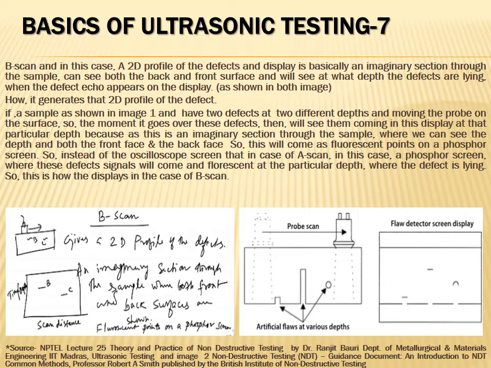So let us say we have a sample as shown in the first image, having two defects, as you see in that image, B and C. So two different depths. B and C are both different defects, placed at different depths.